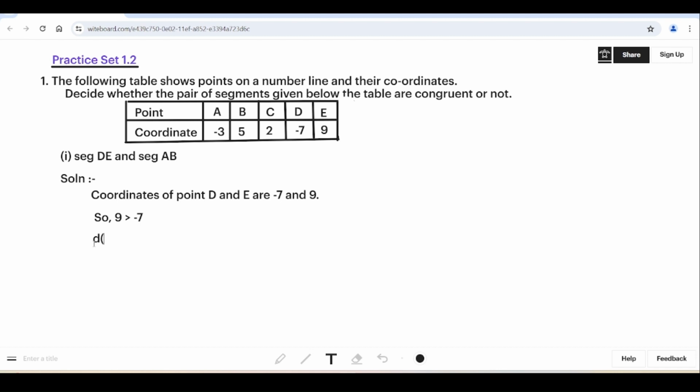The length of segment DE is equal to 9 minus -7. That gives us 9 plus 7, which is equal to 16. Correct?